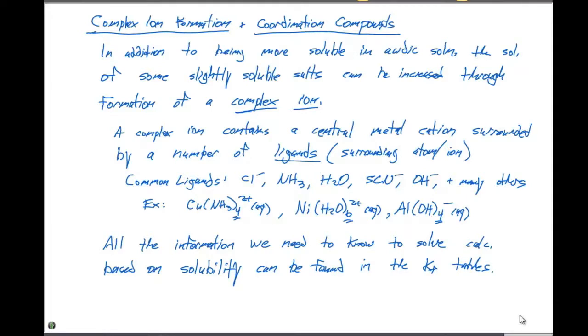For solubility, if we wanted to determine if a precipitate forms, we look at the KSP tables, which are solubility product constants, which allow us to analyze solubility equilibria. When we talk about complex ions, we look at KF tables. A KF is called a formation constant.